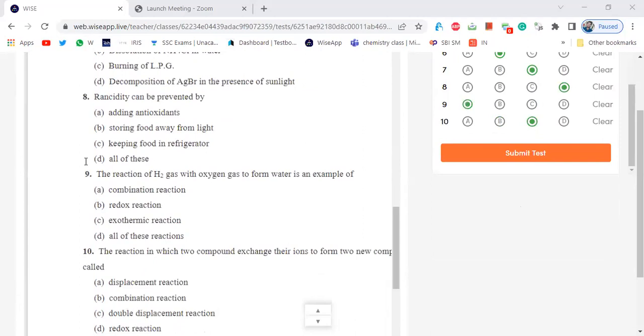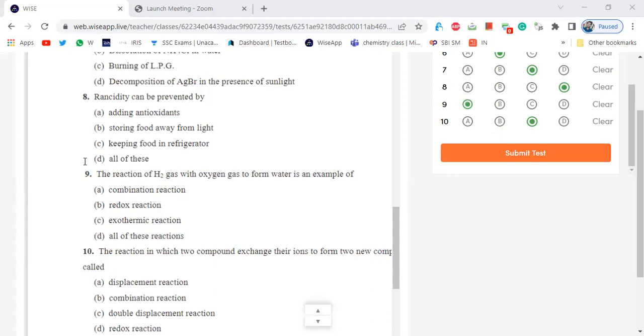Just wait a minute. What is the meaning of redox reaction? So reduction and oxidation take place. Both oxidation and reduction reactions take place together at once in an equation, which is called redox. Yeah, sir. So in this, oxygen is getting reduced and hydrogen is getting oxidized.